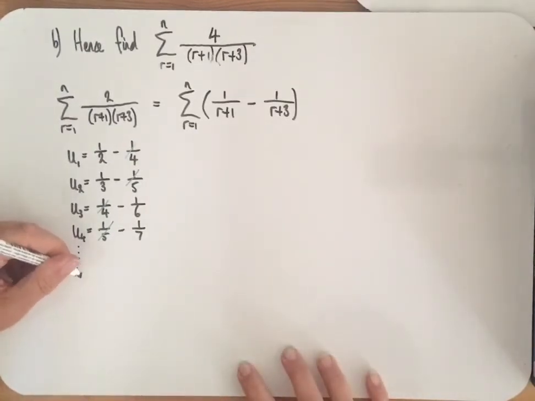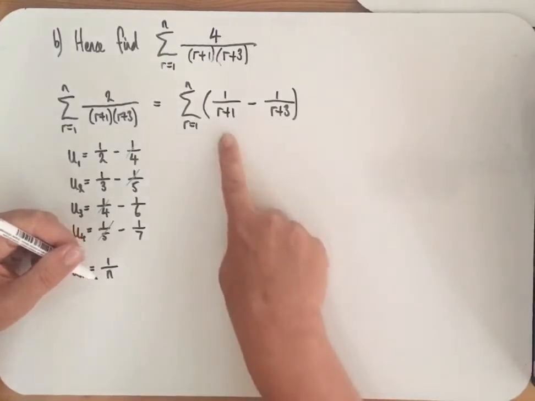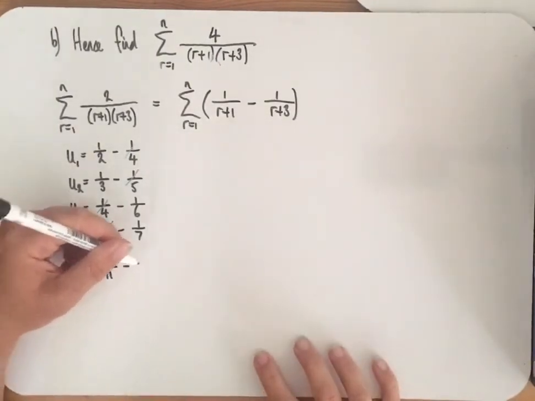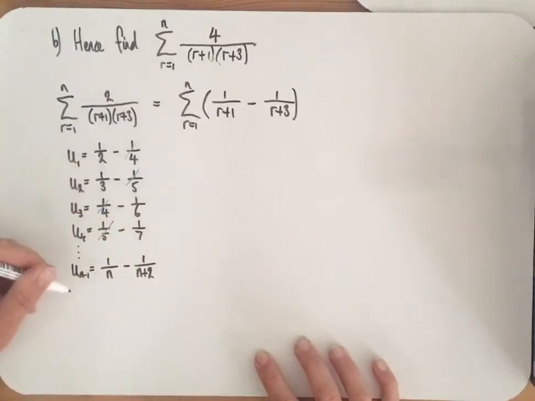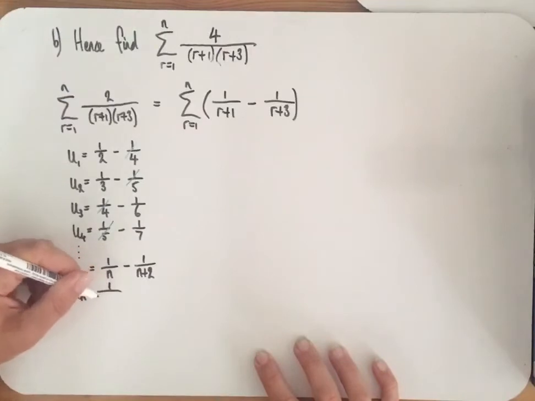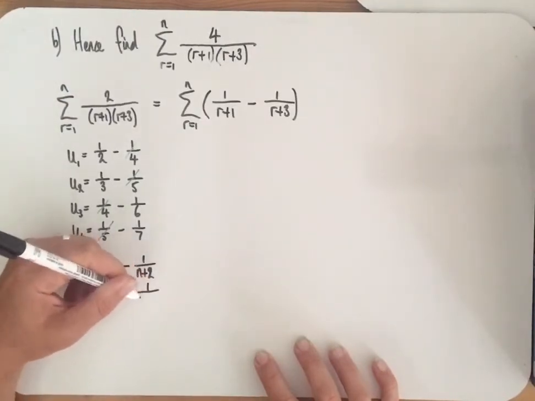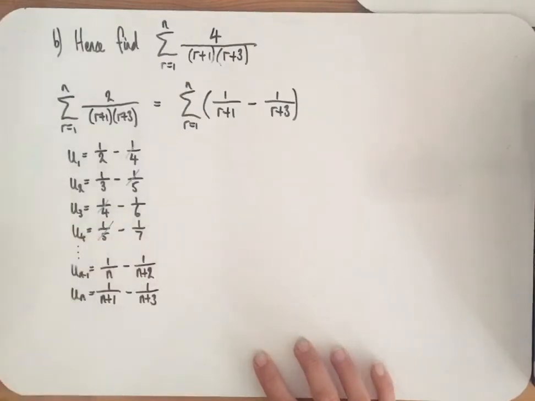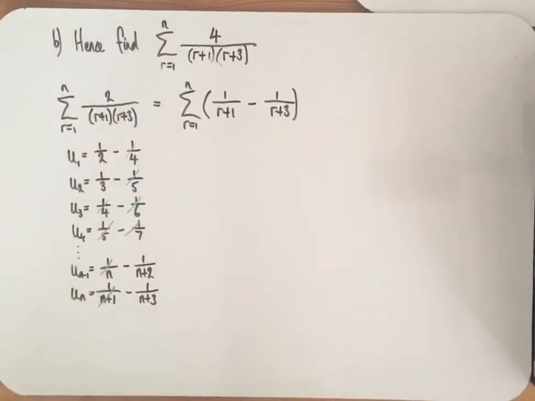So u_(n-1) is equal to 1 over n minus 1 over n plus 2. So I'm putting n minus 1 in here and then here. And u_n is equal to 1 over n plus 1 minus 1 over n plus 3. So that's going to essentially look like that.